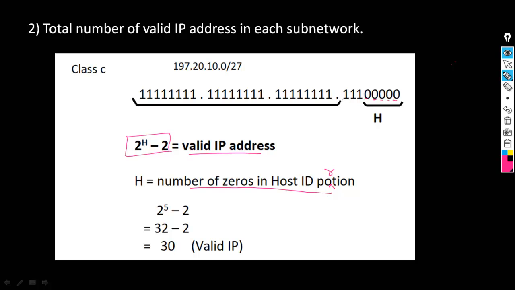We have 5 zeros in the host ID portion. That means it will be 2 to the power 5 minus 2. If you calculate, 2 to the power 5 equals 32, and 32 minus 2 will be 30. So we have 30 valid IP addresses in each subnetwork, and we have already calculated that we have 8 subnetworks for this network.